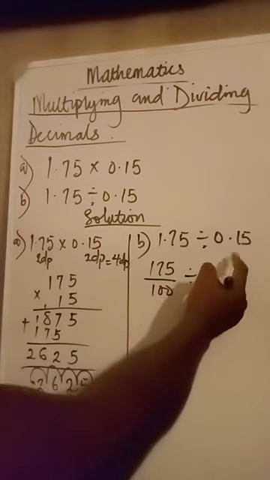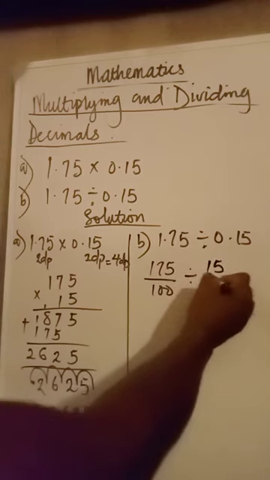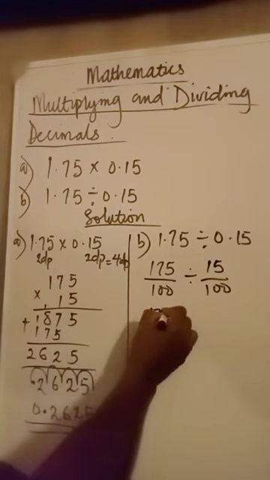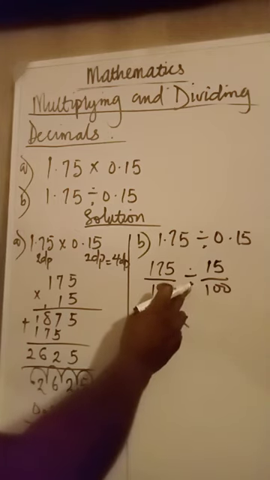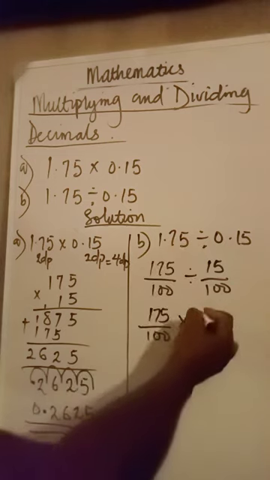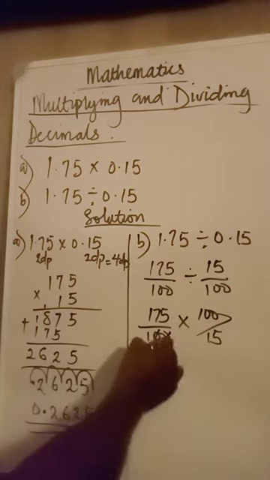These 2 numbers again mean 2 zeros, so I will have 15 over 100. This gives me 175 over 100, and the law of fractions says this division turns to multiplication and the fraction turns into its reciprocal. So I have 100 over 15. I will cancel the 2 zeros.